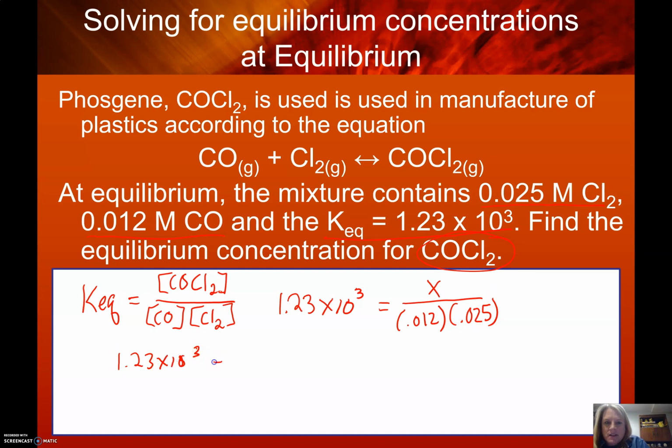So let's bring this down here, times 10 to the third. That looks like a 6, doesn't it? And we multiply together our 0.012 and our 0.025, and that gives us 0.0003, or 3 times 10 to the negative fourth. So to solve for x, right, we multiply, oops, that's not a 0.03, I apologize.